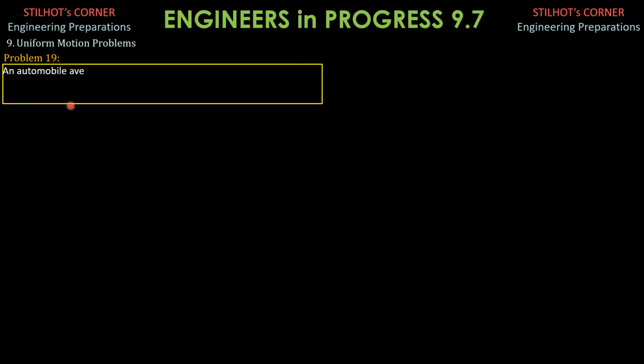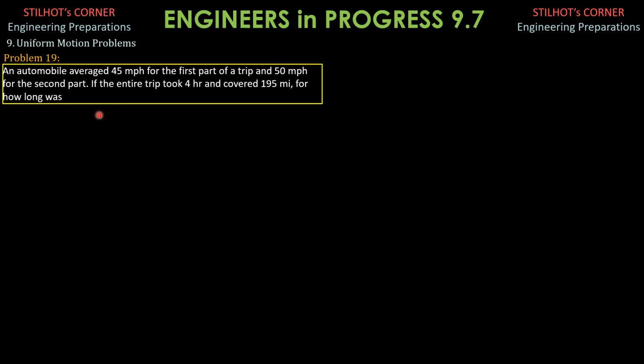So problem 19, an automobile averaged 45 miles per hour for the first part of a trip and 50 miles per hour for the second part. If the entire trip took 4 hours and covered 195 miles, for how long was the rate 45 miles per hour? So because this is uniform motion, distance equals speed times time. And there are two parts of the trip.